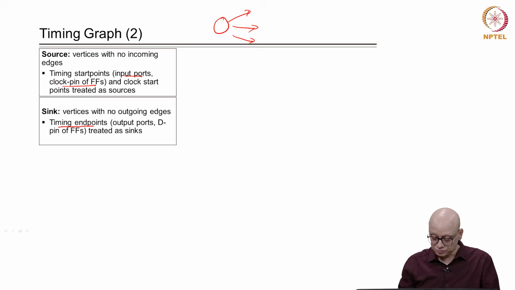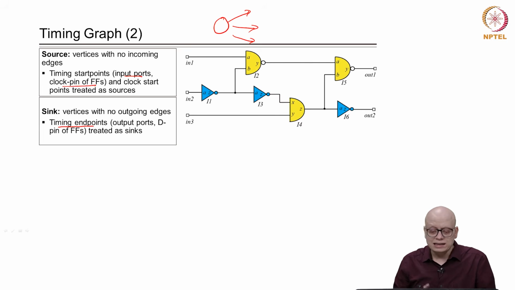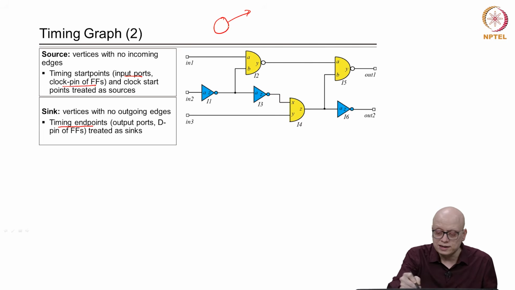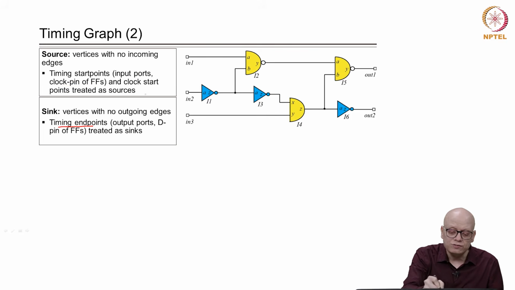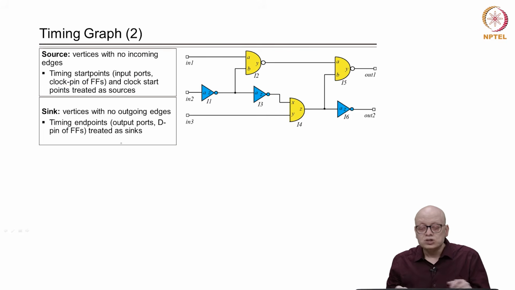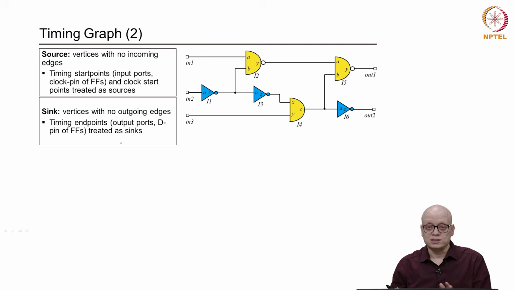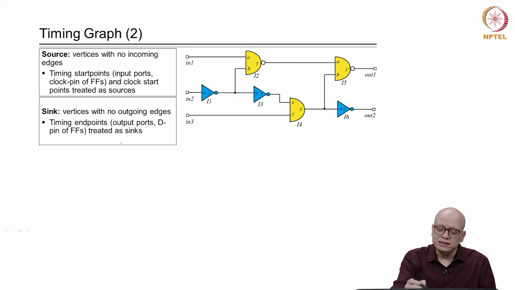Now, let us take an example of a circuit and understand how the timing graph will be built for it. For simplicity, we have just taken a combinational circuit. In this circuit there are the input ports in1, in2 and in3.